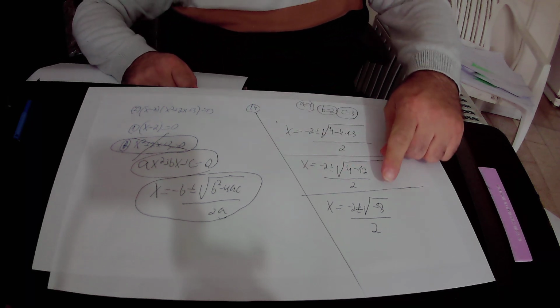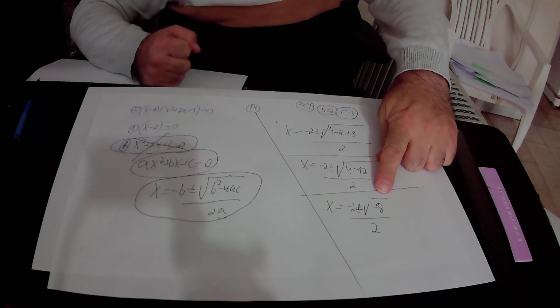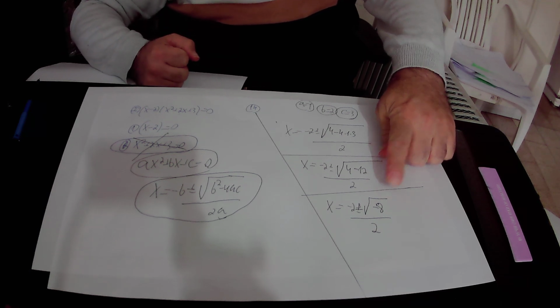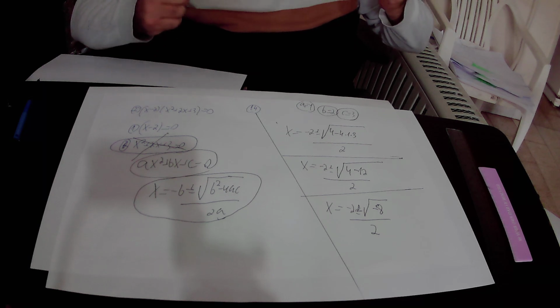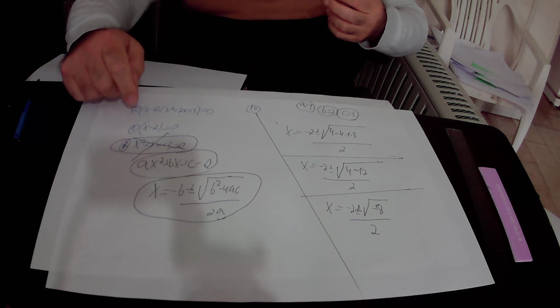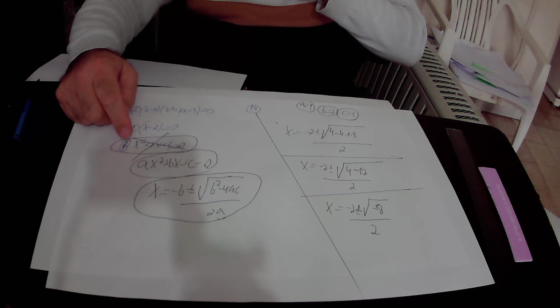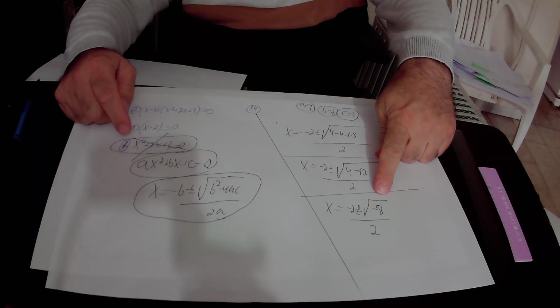Here 4 minus 12 is minus 8, but because minus 8 is a negative number and a negative number doesn't have a root, we can conclude that this quadratic equation doesn't have a solution, because we are stuck here.